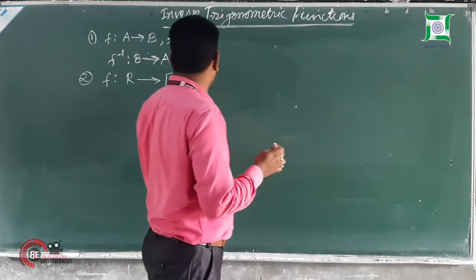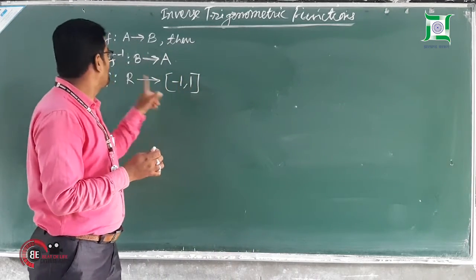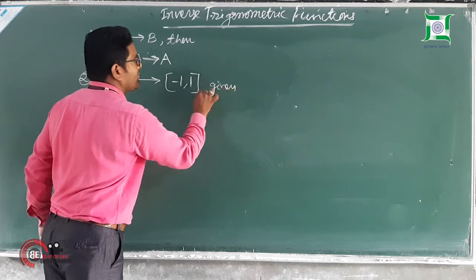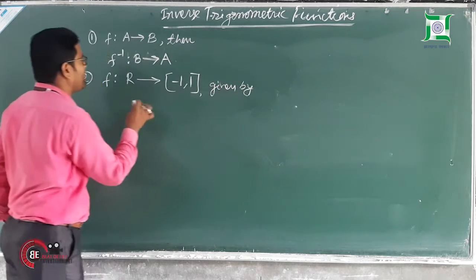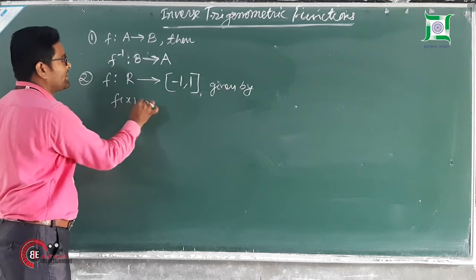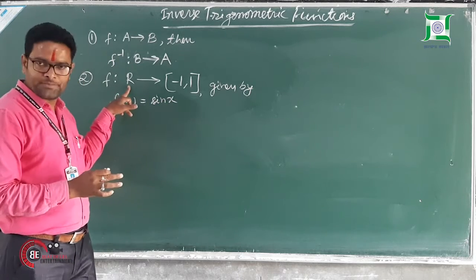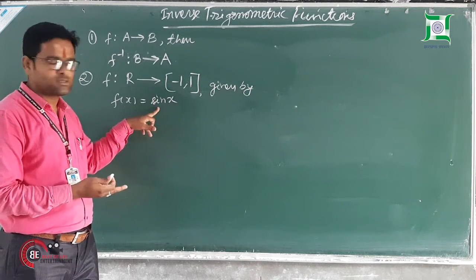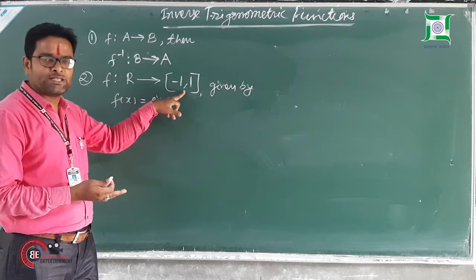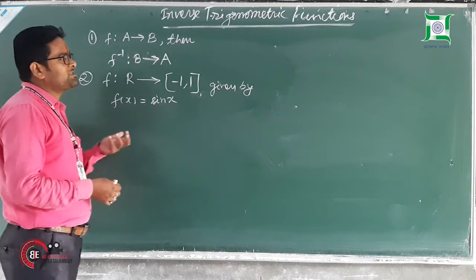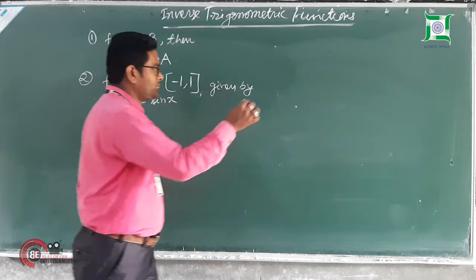So that is the range of this function, given by f of x is equal to sine x. This is the domain of the sine function and this is the range of the sine function. Now, let us see the graph.